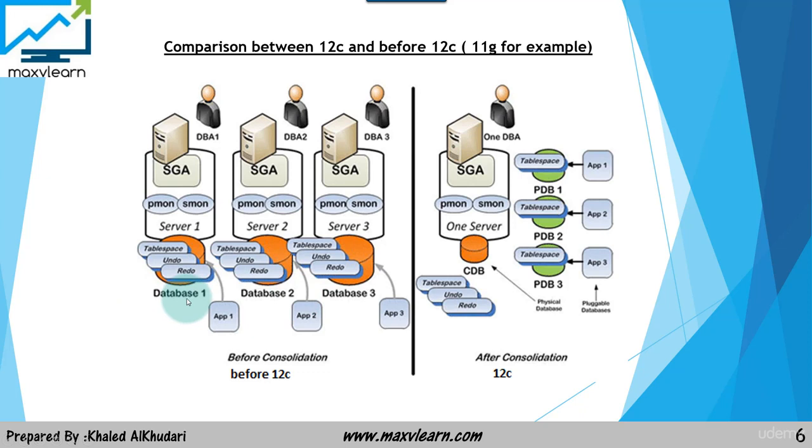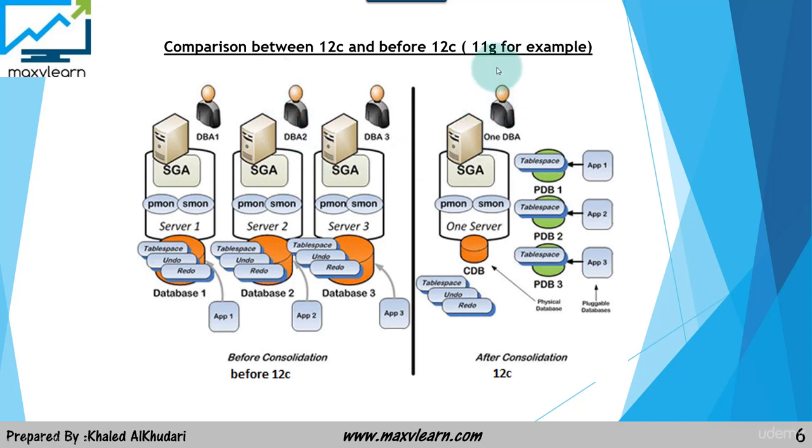You will find database 1 connected to server 1, database 2 connected to server 2, database 3 connected to server 3. So I have many databases and many servers, and this costs me a lot. Also I could have many DBAs, many database administrators. This is the old release of Oracle.